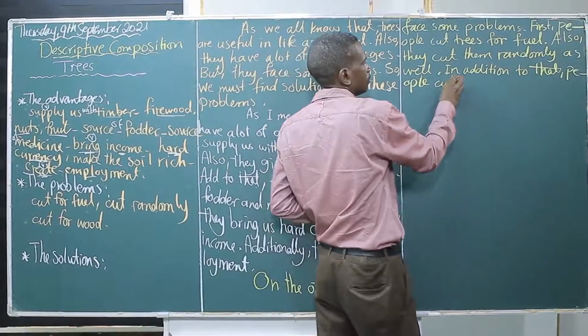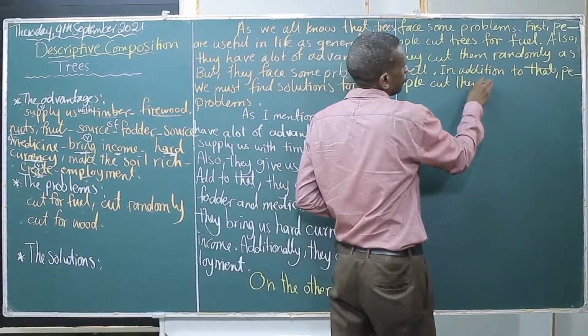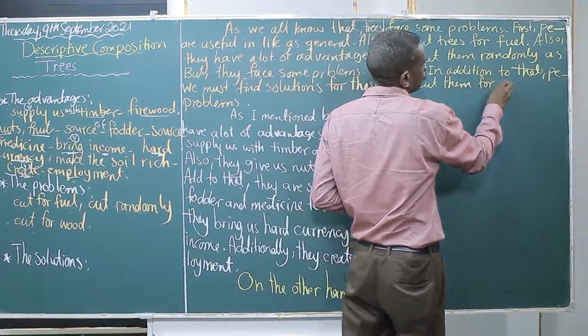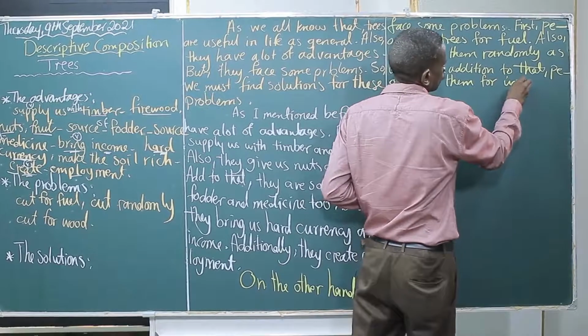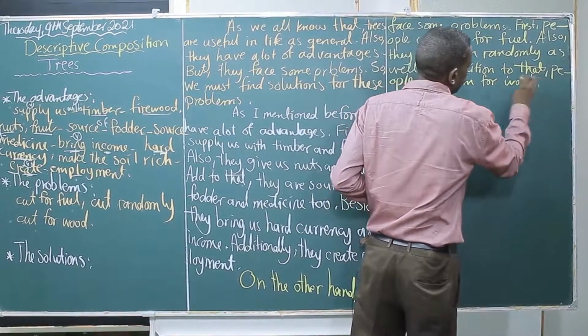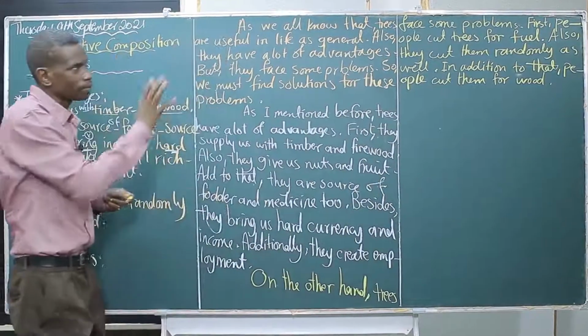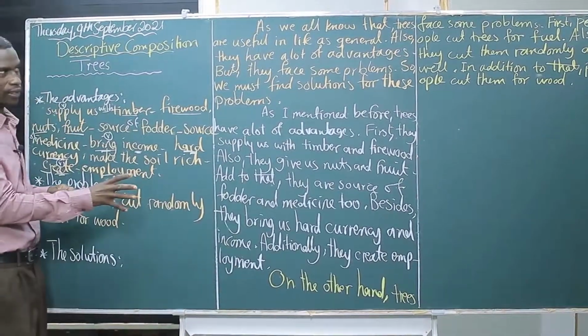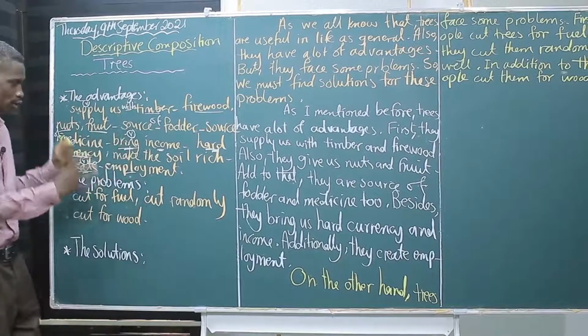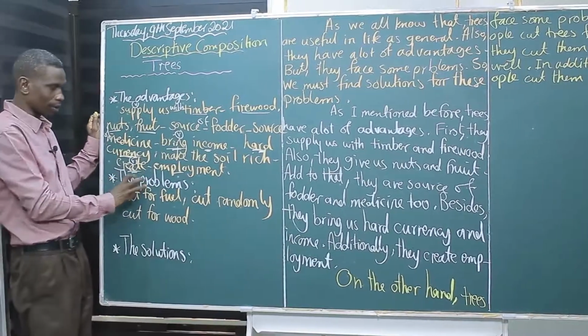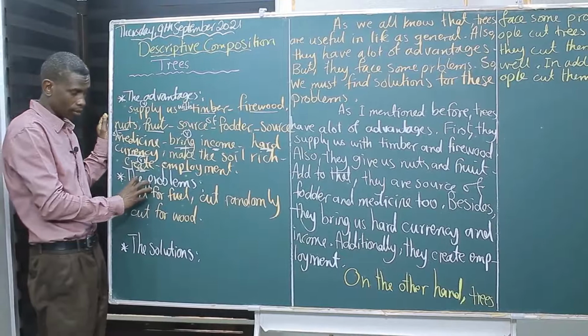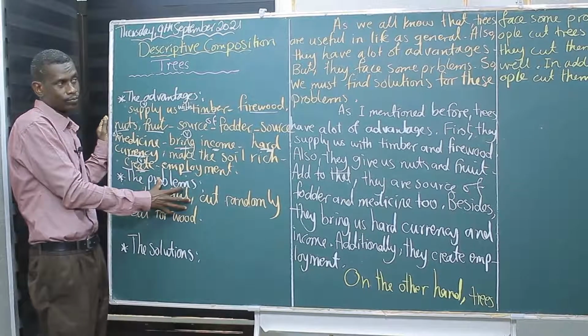People cut them for wood. Okay, so if you look at this paragraph, you're going to see that the whole paragraph talks about the problems or shows us the problems that trees face.